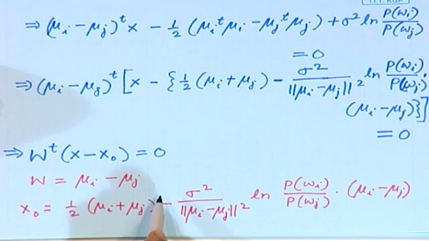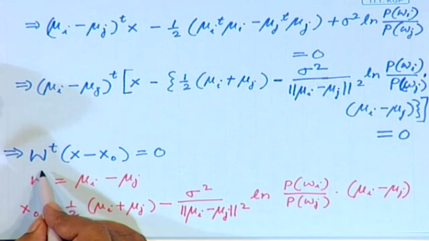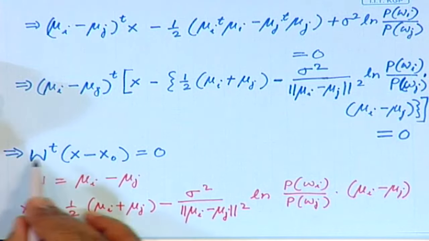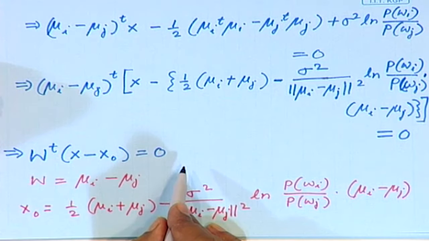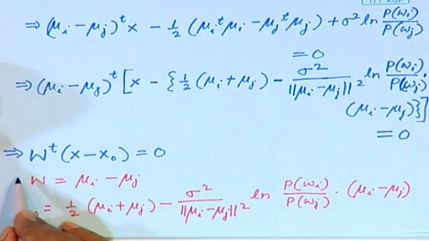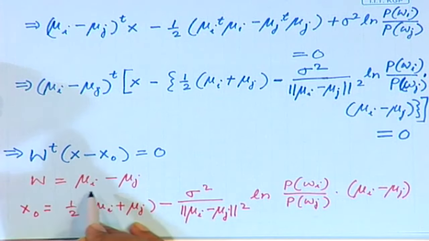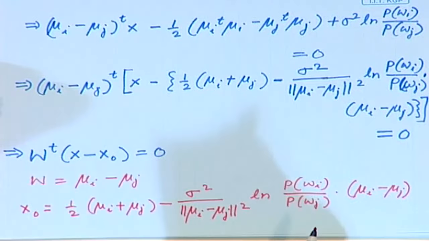That means it is a vector drawn from the jth mean vector mu j to the ith mean vector mu i, or the line joining mu i and mu j. And as the decision surface is W transpose (x minus x0) equal to 0, the decision surface is orthogonal to the vector joining mu i and mu j.